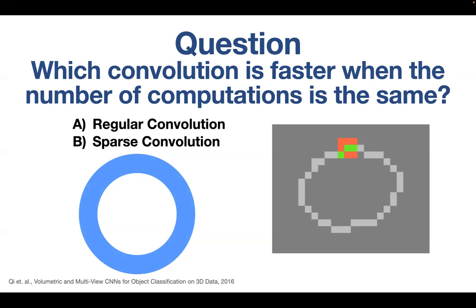If you have an idea, please write something in the chat and let's see if we come to any results. What do you think? Regular convolutions or sparse convolutions? Which one would be faster if the number of computations is the same? This is a little tricky question, so I would love to see some answers in the chat. Just guesses. It's not a big deal.